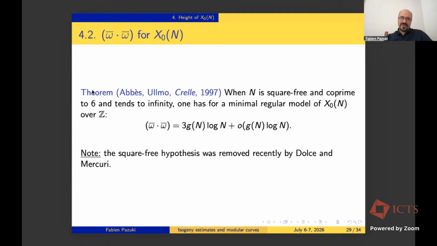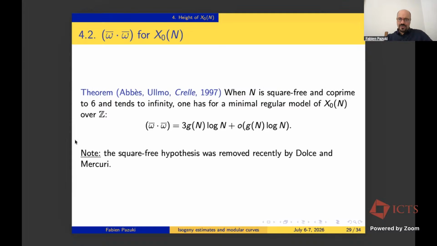This is still coprime to 6 is still necessary, but square-free was removed. So we're really close to the truth. So it means now we know how to measure the size of X_0(n) for the Faltings height, and we know how to measure the size of X_0(n) using the omega square.